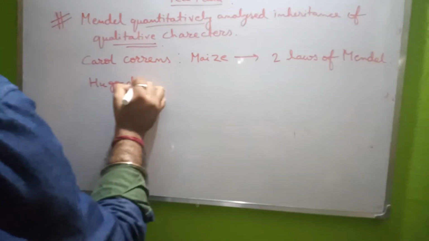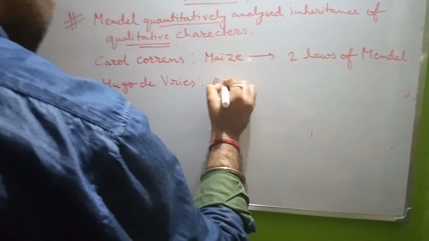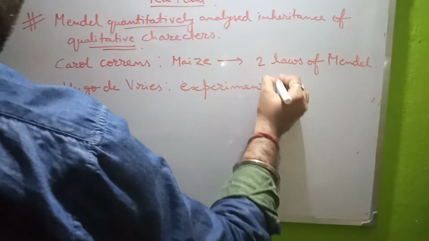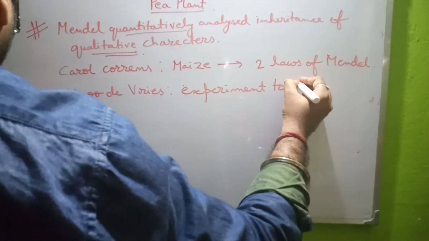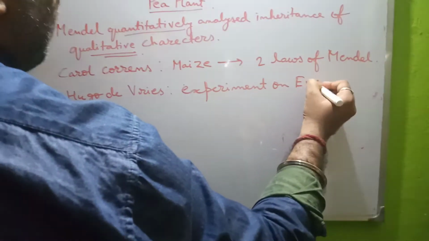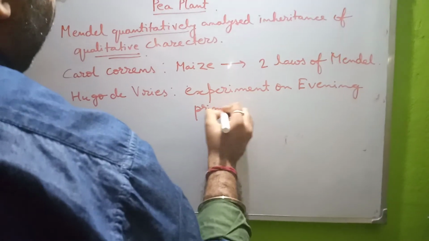Hugo de Vries did lots of work on mutation, on evening primrose, or rather primrose, whatever you can say.